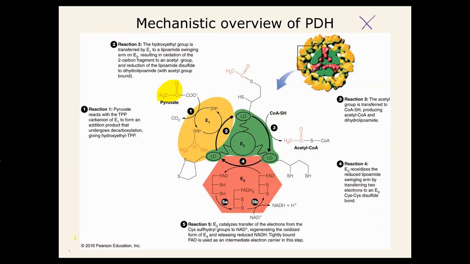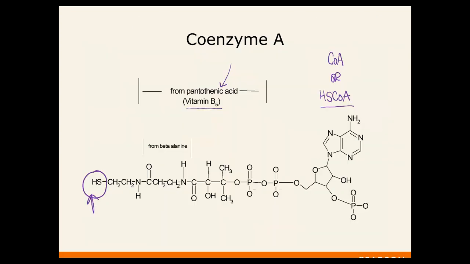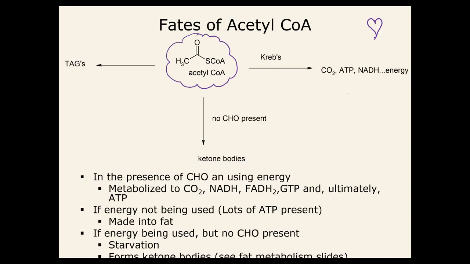Okay, so there's the acetyl group of pyruvate, and then you see how it ends up on the CoA here. So this group here is the reactive one. And then you see how there's that sulfur, and now it has the acetyl group on there.